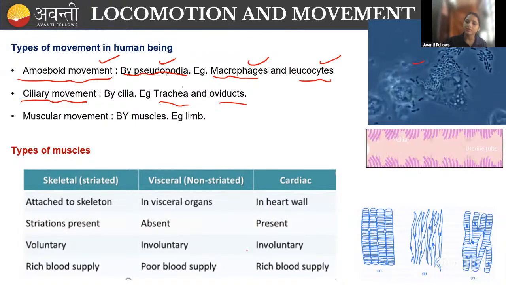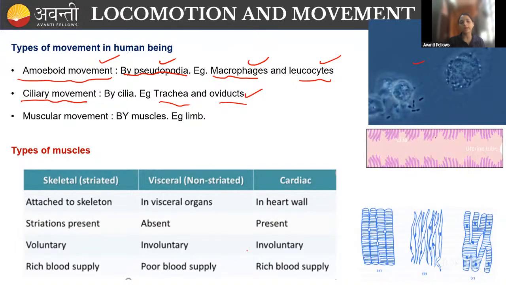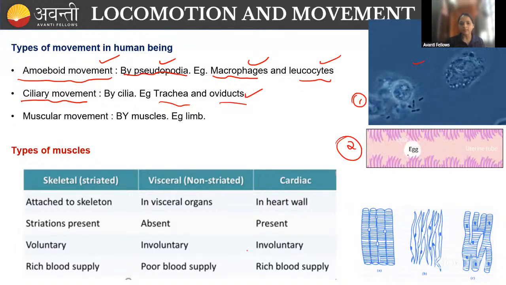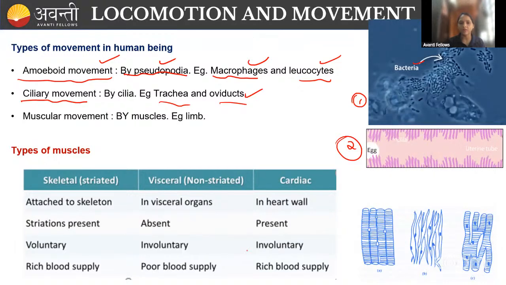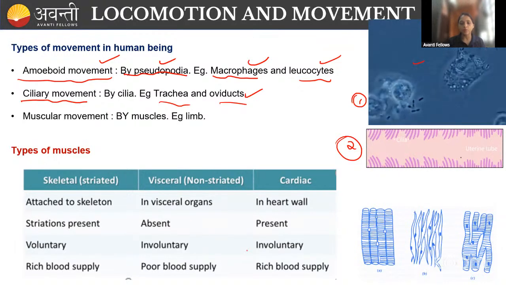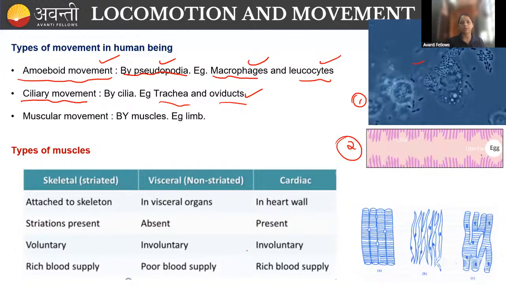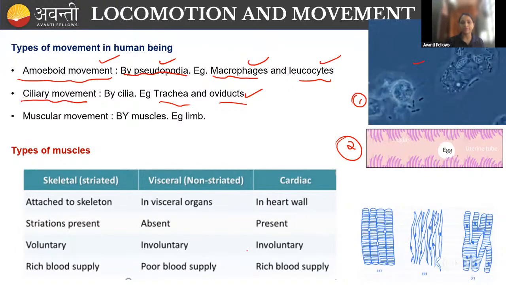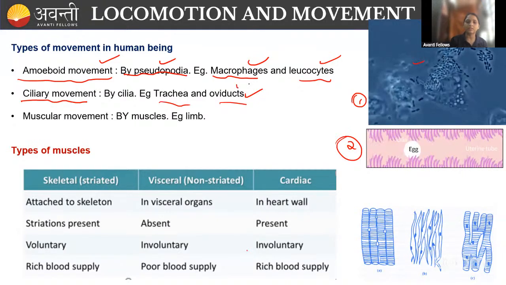That is due to this movement. Coming to the oviduct, here in the second video you can see the egg moving in the fallopian tube. The oviduct is nothing but the fallopian tube. The egg is moving through the fallopian tube, and the cilia help in the movement of the egg. Remember, cilia are present in the oviduct and in the trachea.